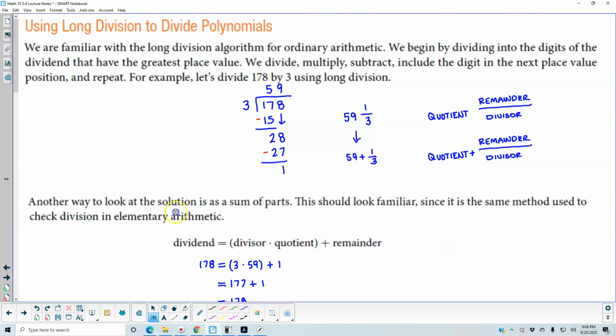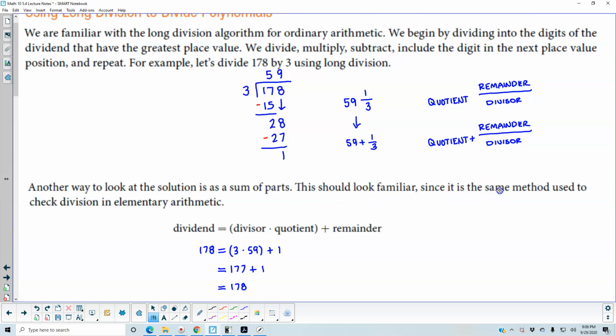Now, another way to look at the solution is as a sum of parts. This should look familiar since it is the same method used to check division in elementary arithmetic. So the dividend is 178, 3 represents the divisor, 59 is the quotient, and 1 represents the remainder.